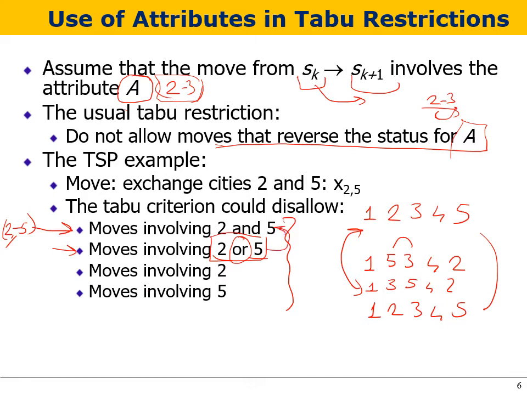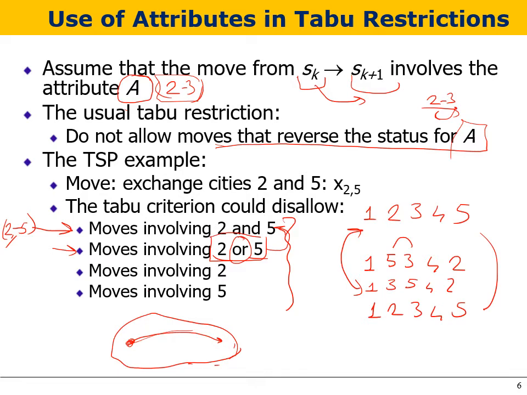This kind of forbidding is more restrictive, and if you have such a restrictive taboo in your search space, it creates diversification. It takes you from one side of the search space to the other side. Okay, so this helps diversification.